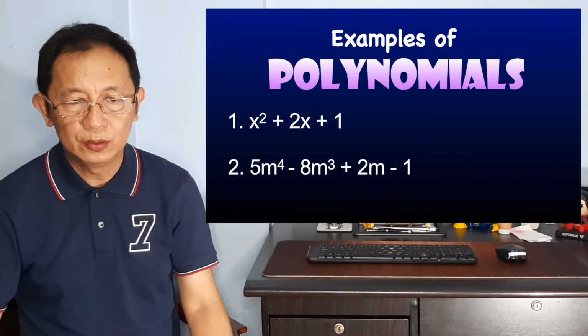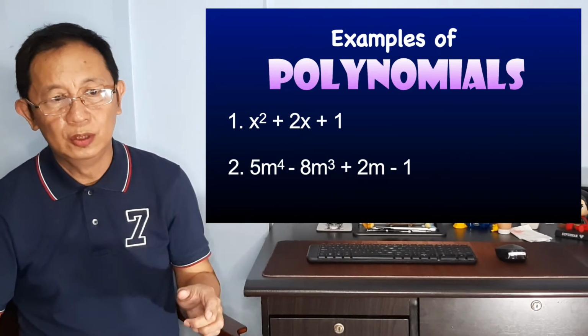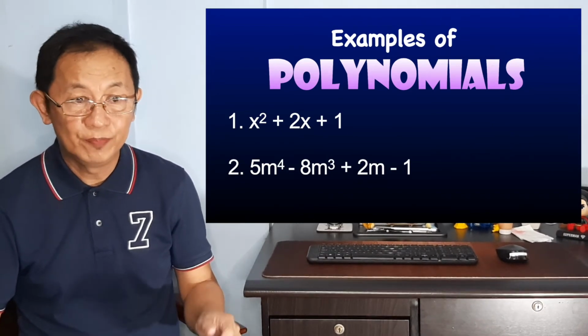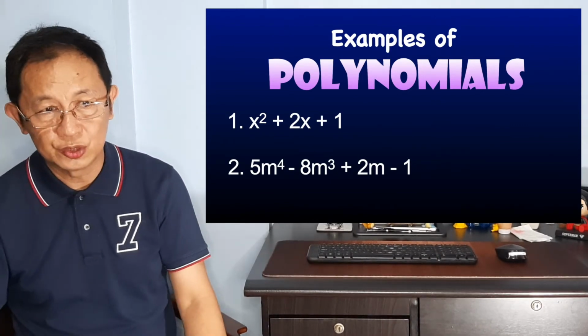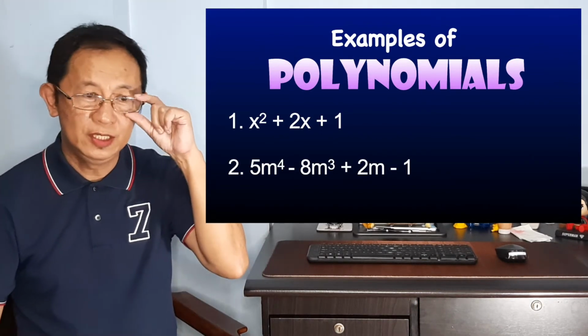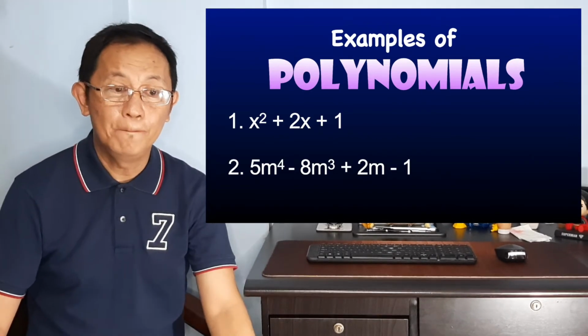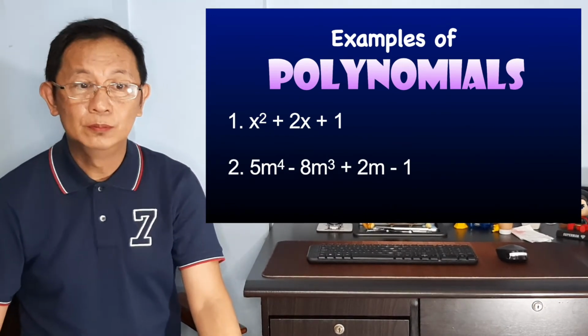No denominators that is a variable or no divisor that is a variable. So, na-meet niya yung mga conditions. So, 5m raised to the 4th power minus 8m cubed plus 2m minus 1 is an example of polynomial.